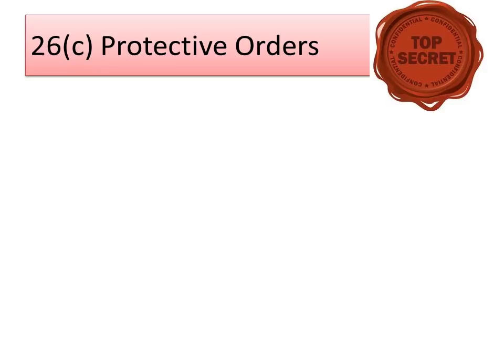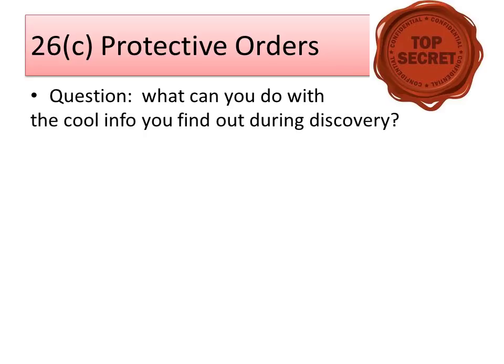Okay, let's talk about protective orders, and start with this really basic question. What can you do with the information you find out during discovery? Let's say maybe you're representing a client in a sexual harassment case against a high-profile government official or politician, and you, through discovery, get the politician to produce their journal where they record all kinds of crazy, racy stuff.